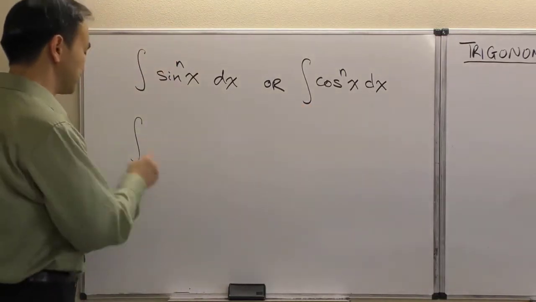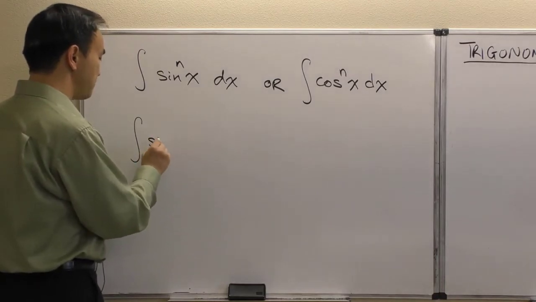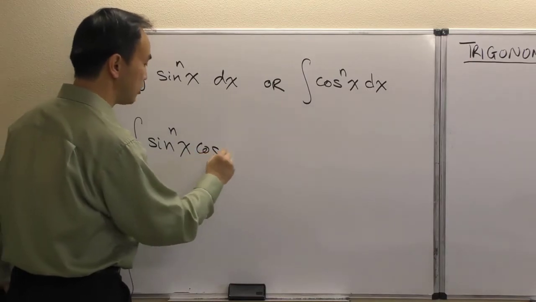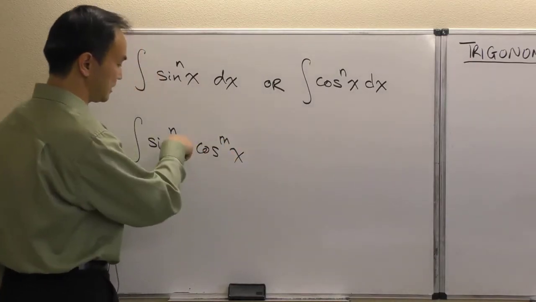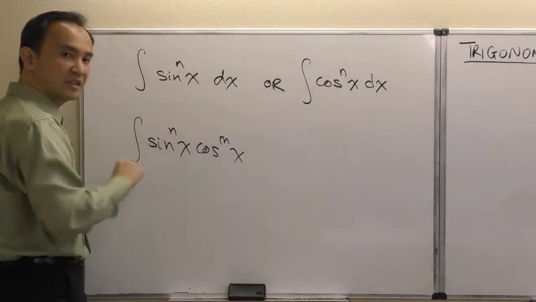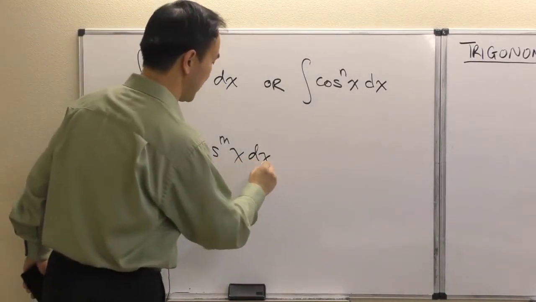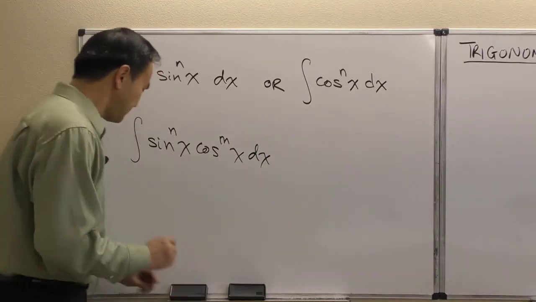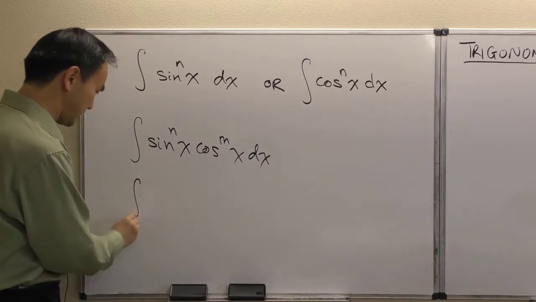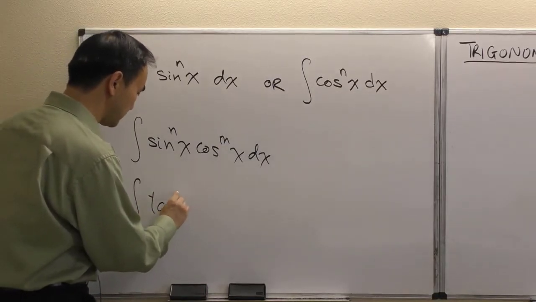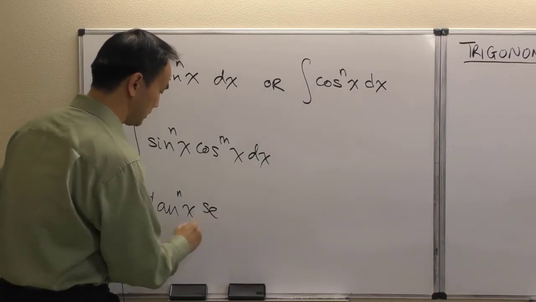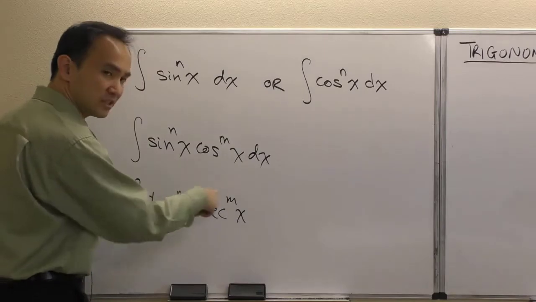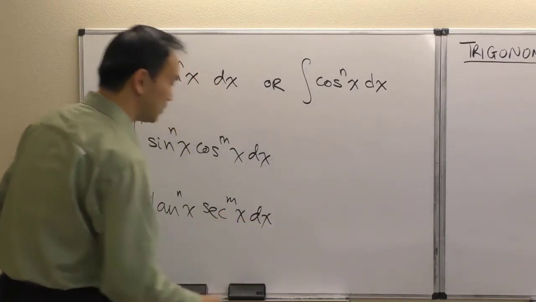Then there is a mix between some power of sine and some power of cosine, and these powers don't necessarily have to be equal. That's the kind of function we're learning through. And then there are other trig integrals out there, like a power of a tangent in product with a power of a secant, where these two powers don't necessarily have to be equal.